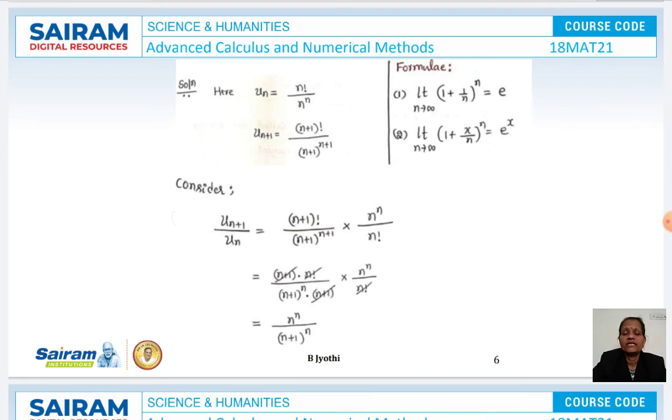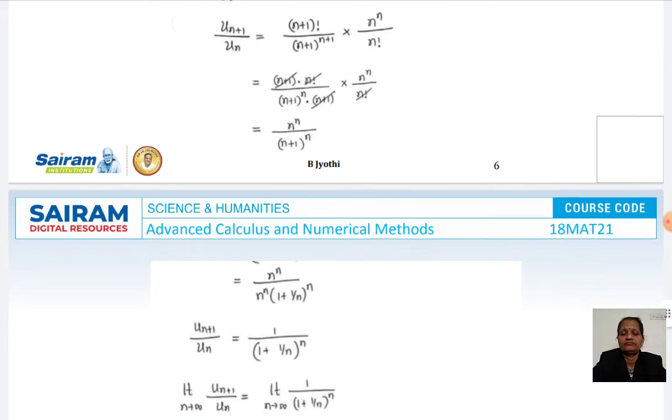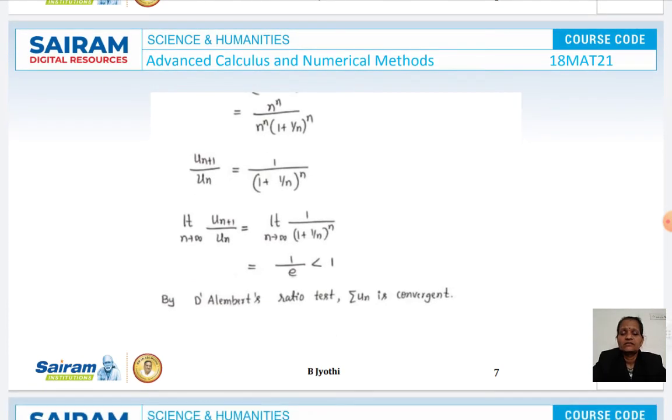Now, in order to test whether it is convergent or divergent, we have to take the limit as n tends to infinity. Before we take the limit, we can take n power n common from both numerator and denominator. When we take that common, we get un plus 1 divided by un as 1 divided by 1 plus 1 by n to the power of n. Now let us take the limit as n tends to infinity.